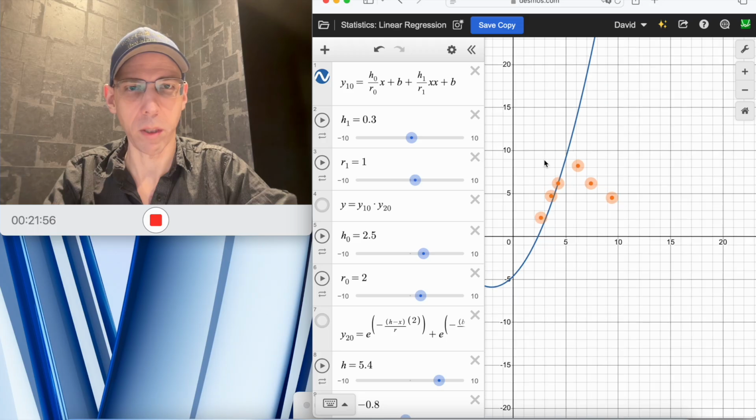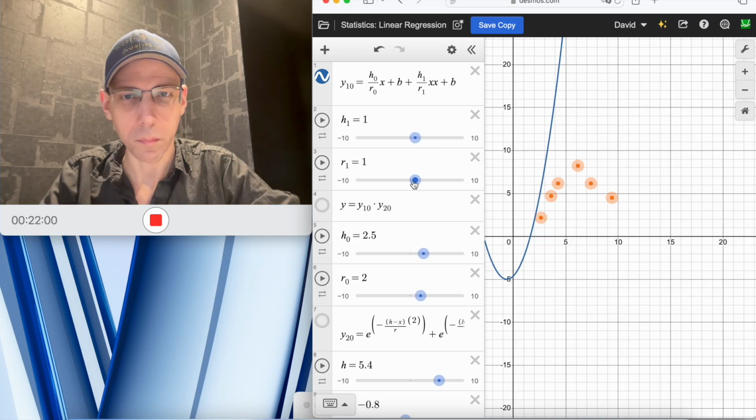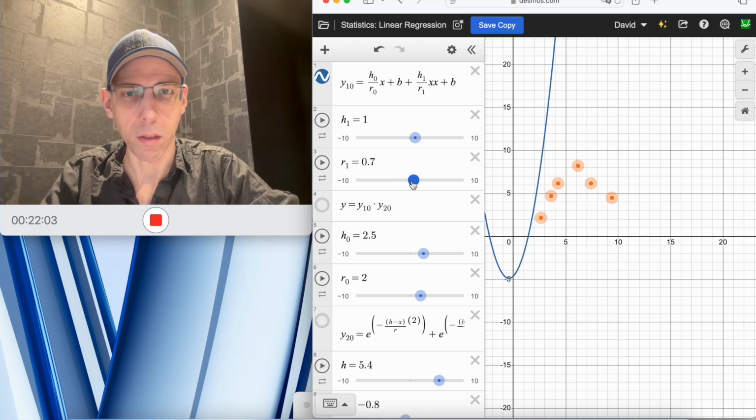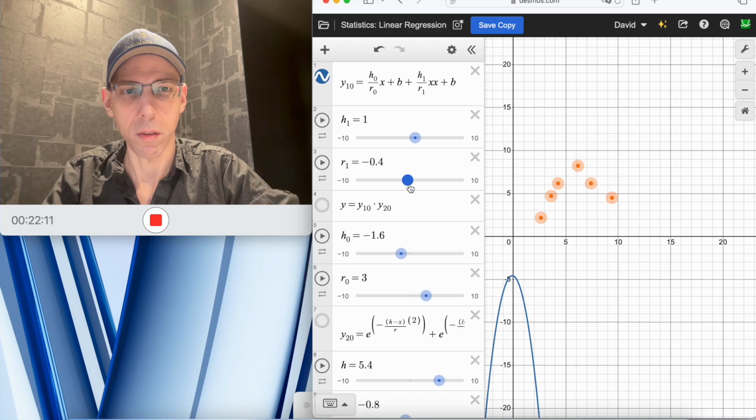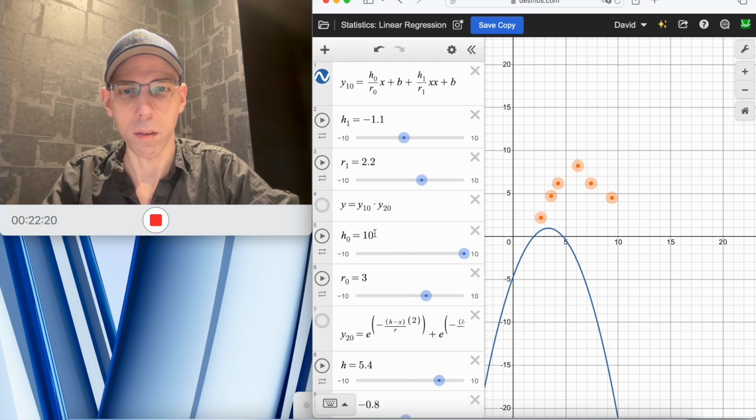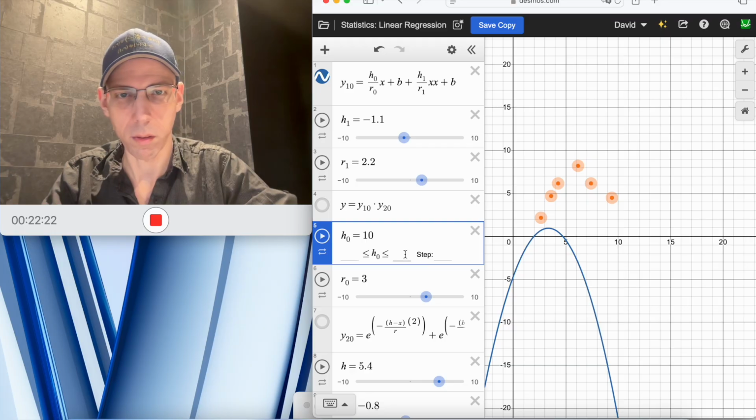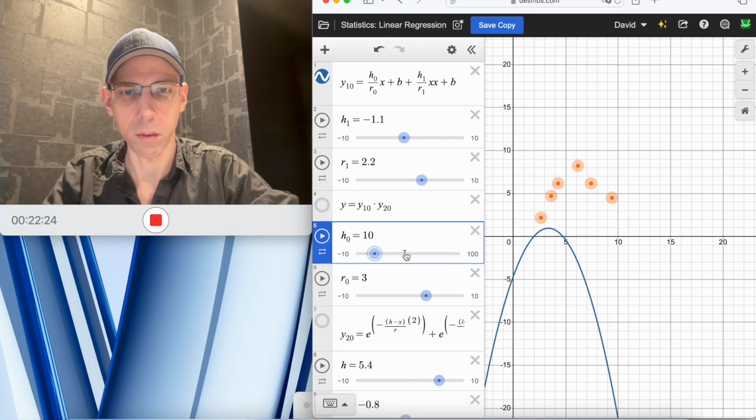And now you can see if I zoom out. So unlike the first time, where we were only working with the parabola, see, I can actually move this around, and so I can take this and this should go out to 100.